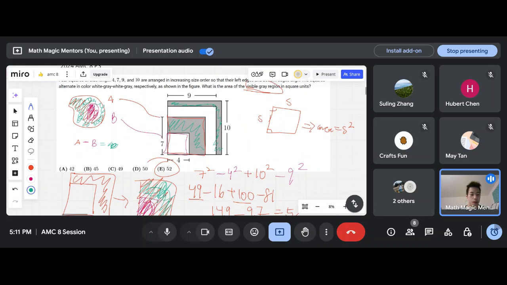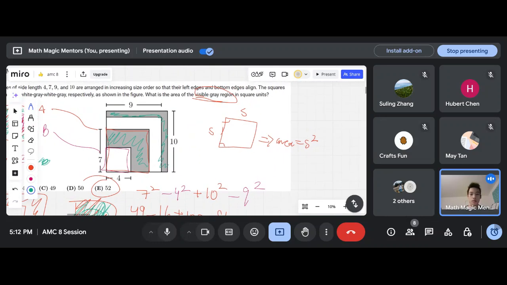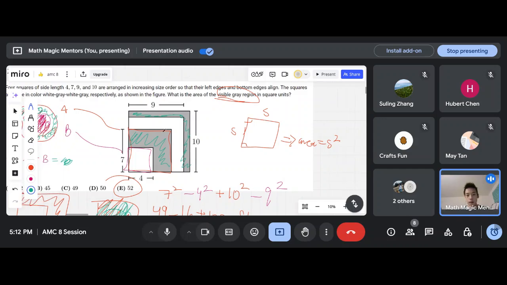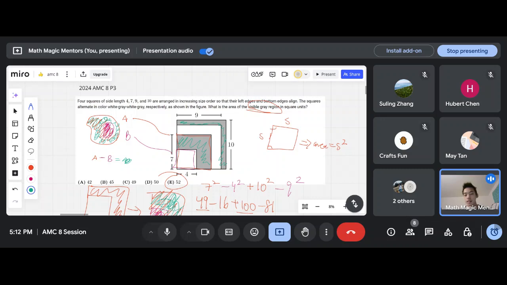Again, area is best to think about intuitively and not in terms of formulas, because formulas are a part of the computation. Obviously, you need to know that the area of a square is s squared, right? But how you actually get the area in this specific problem needs a little bit more creativity.